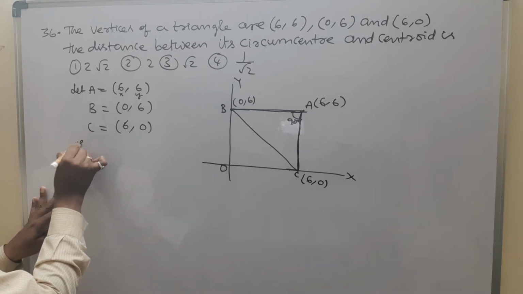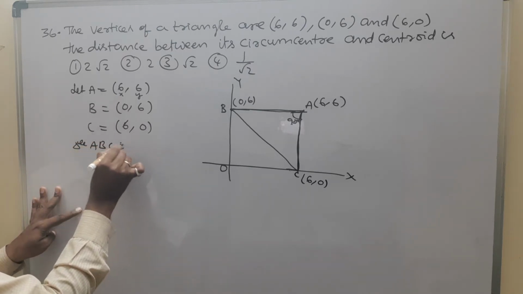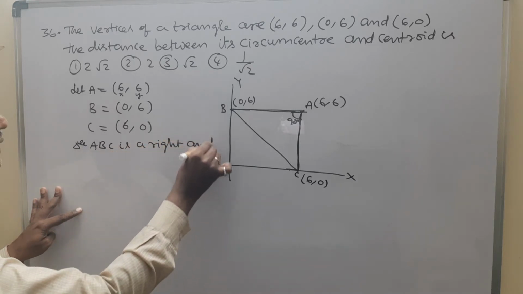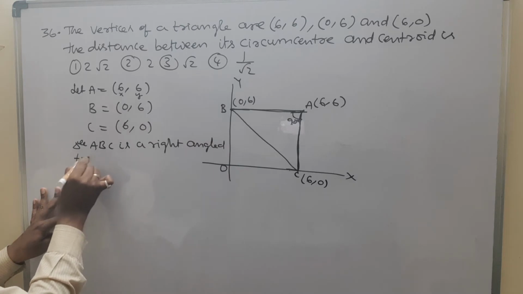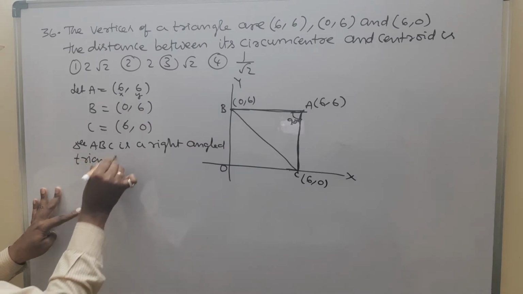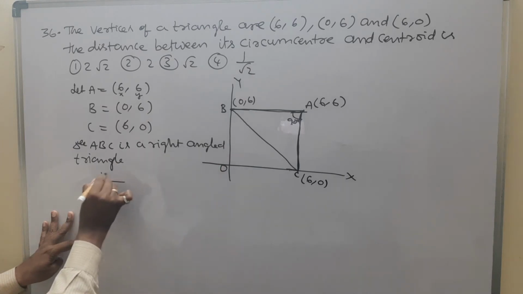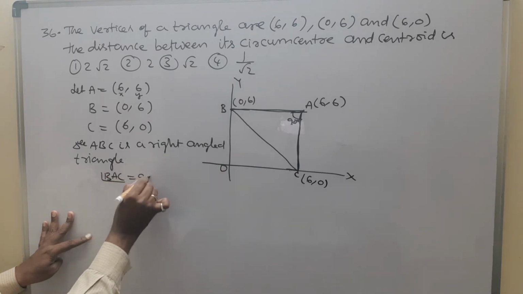Here triangle ABC is a right angled triangle. Here angle A equal to 90 degree, angle BAC equal to 90 degree.